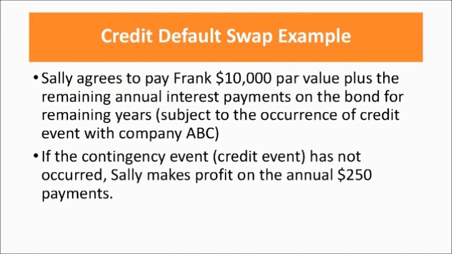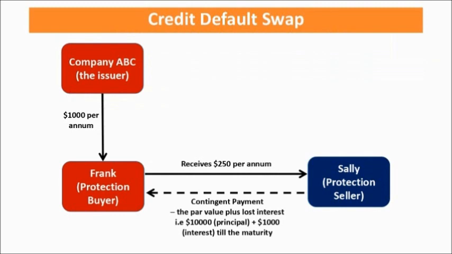So Sally, on the other hand, will receive $250, so Sally is like a protection seller. She receives $250 as a payment and enjoys this profit of $250 as long as company ABC doesn't default to Frank.